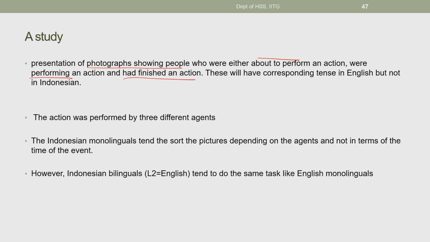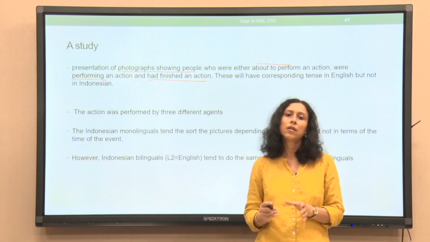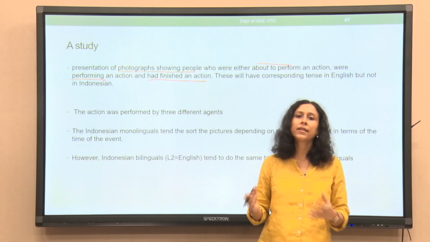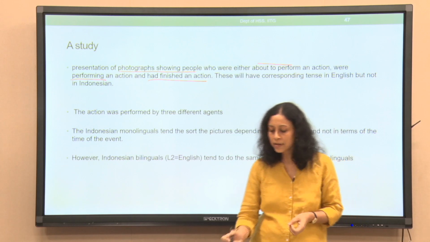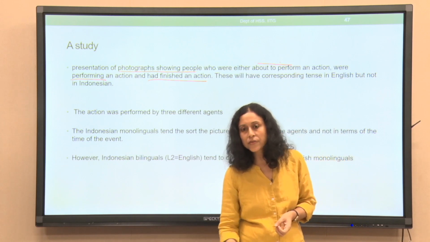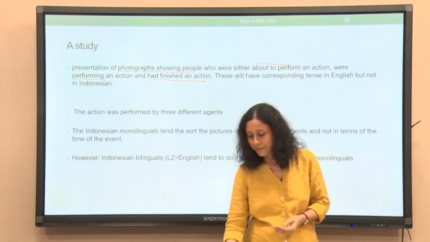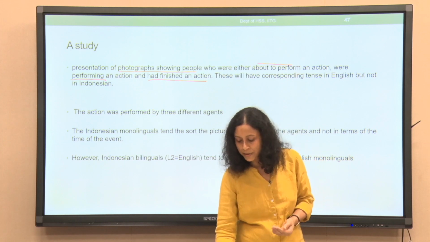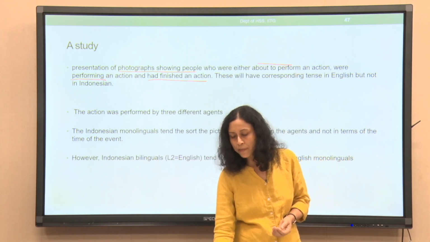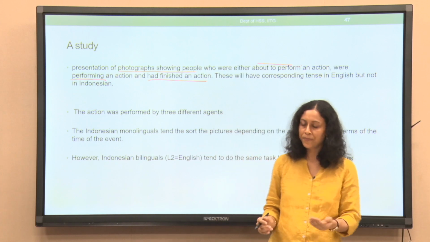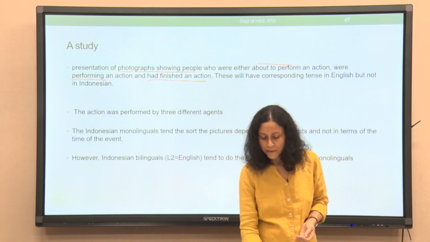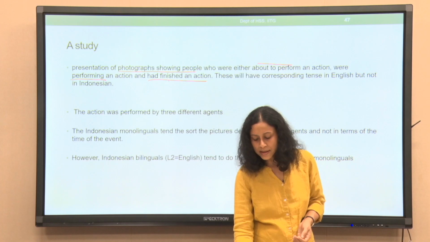So there was an action depicted in the photographs. However, the actions were divided into three tense systems from the perspective of the English language. About to perform an action means it will happen, performing an action is present tense, and this is past tense.